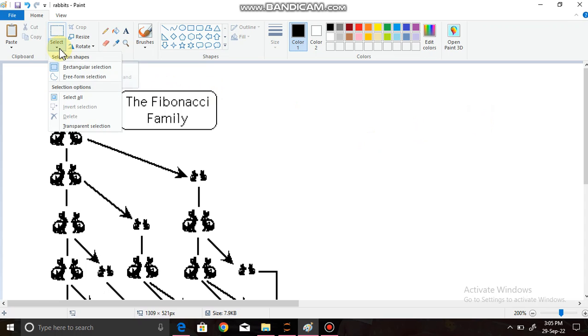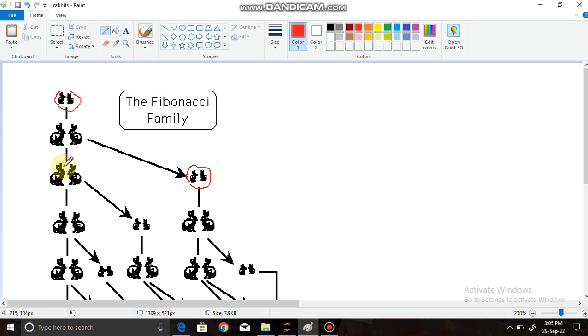If you look carefully here, there is one pair of young rabbits, which I would mark with another color. After a certain duration, they become adults and reproduce, giving a pair of young rabbits again. So now there is one pair of rabbits here and one pair of rabbits here.